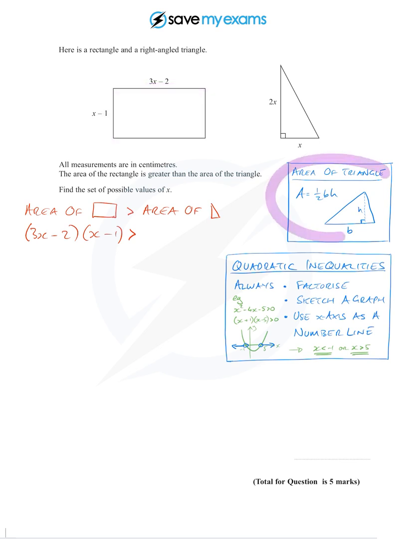Well, I don't really need to remind you, but there it is just in case. It's a half the base times the height. And in the right-angled triangle, the base and the height are the two sides at right angles. So that's greater than a half of the base, which is x, times the height, which is, I don't really need a bracket, 2x. There we go.